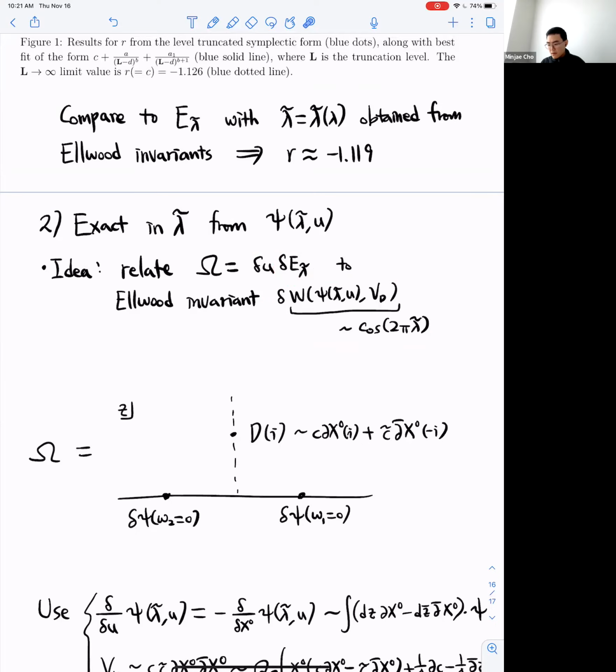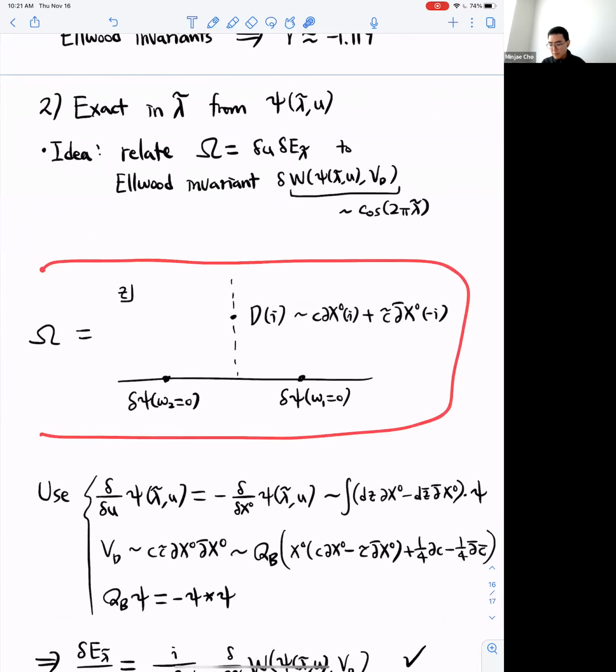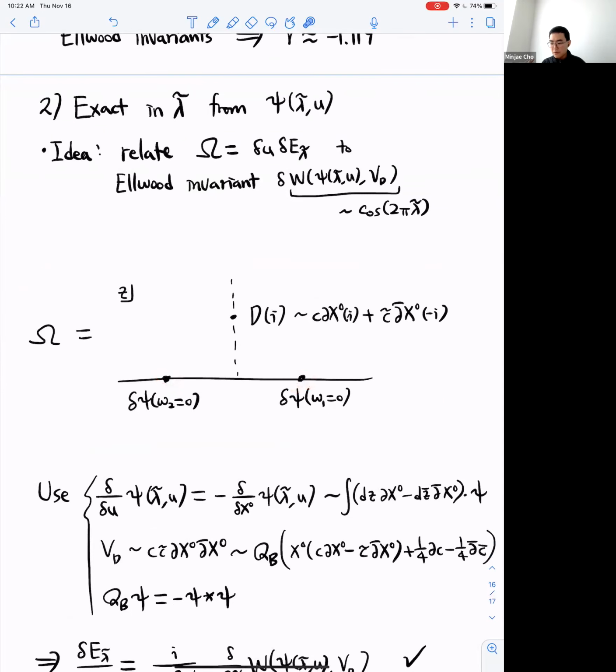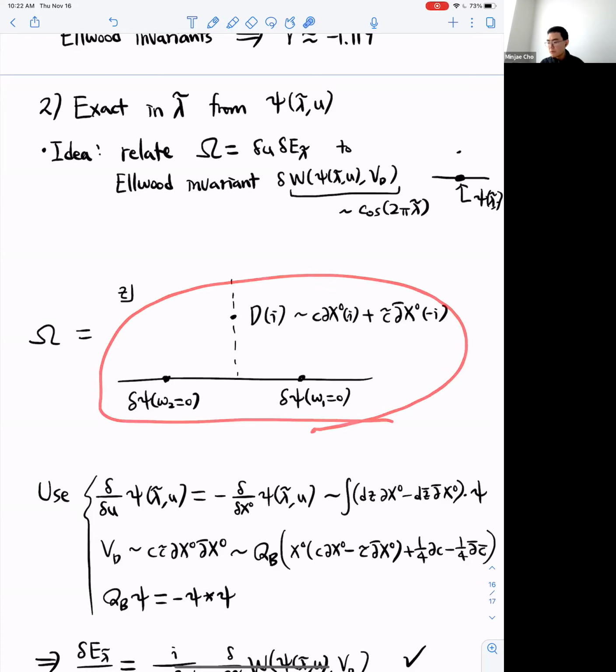One might say, okay, for the symplectic form, we have this type of diagram. We have two insertions of open string fields. For the Ellwood invariant, we have a similar diagram. So let me draw it here. But the insertion actually is at the origin. There's a single insertion. So one may worry: how do I compare something with two insertions of open string field with one insertion of open string field? And also the midpoint insertions are different.